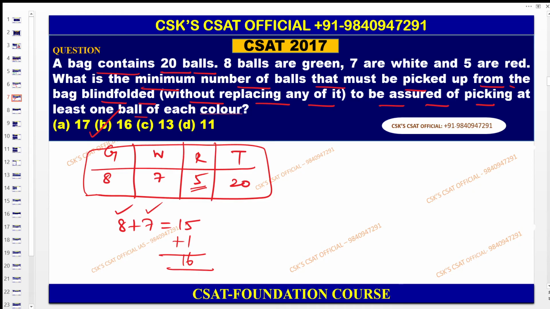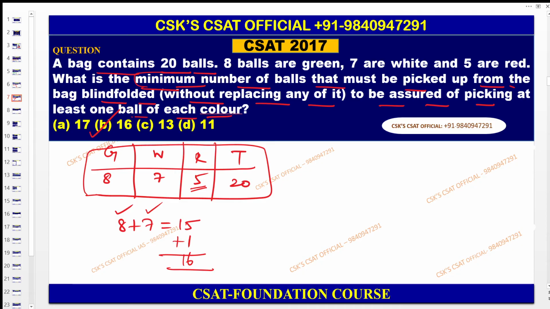Since they mention at least one ball of each color, we require only one red ball according to the question, so add up 1. The question here is the minimum number, so therefore you need to take 16 balls without replacement, assuring that at least one ball of each color is picked. Getting it?